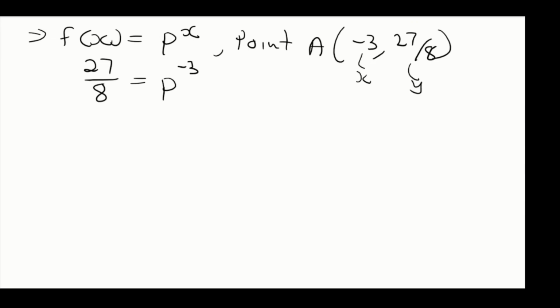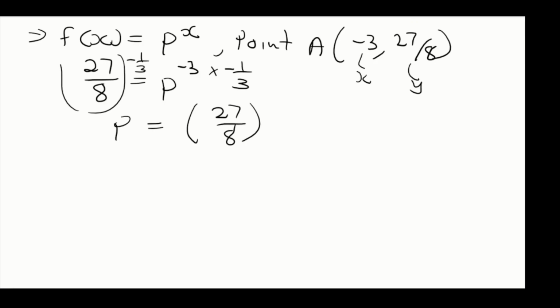Then to find the value of p, we simply raise both sides to the power of -1/3, its inverse. So p should be equal to 27/8 to the power of -1/3, and if you use a calculator, you will find the value to be 2/3. So our p value is definitely 2/3.